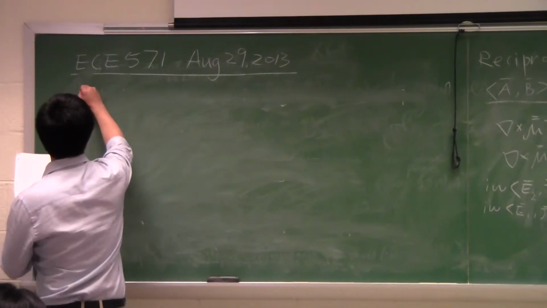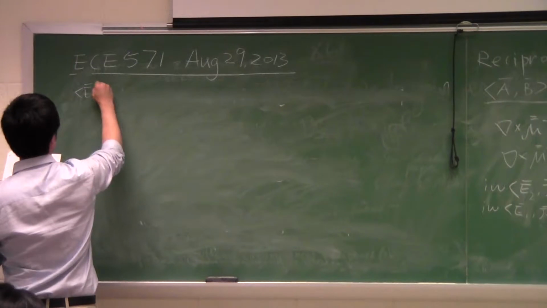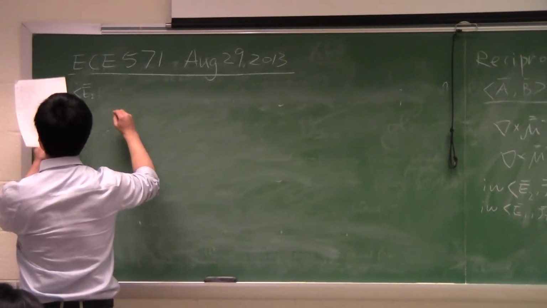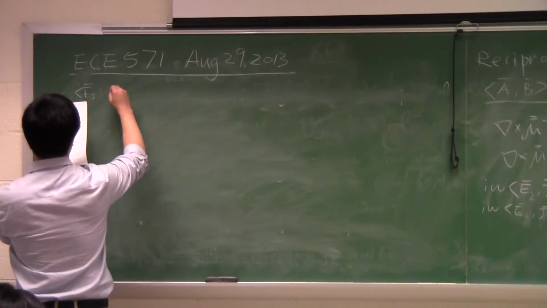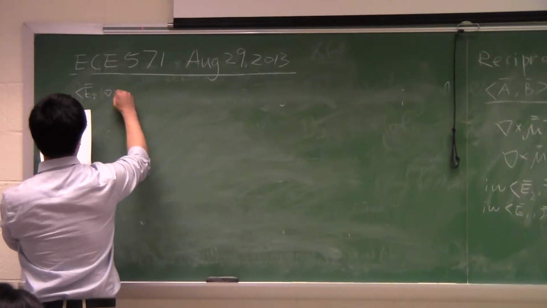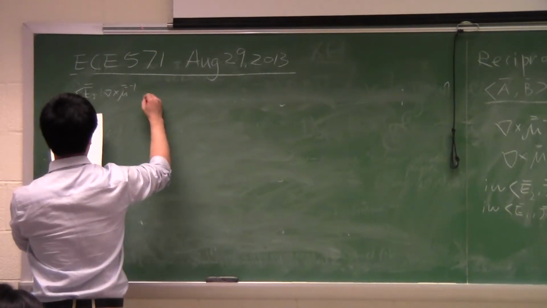So now we have this inner product between E2 and curl mu inverse.